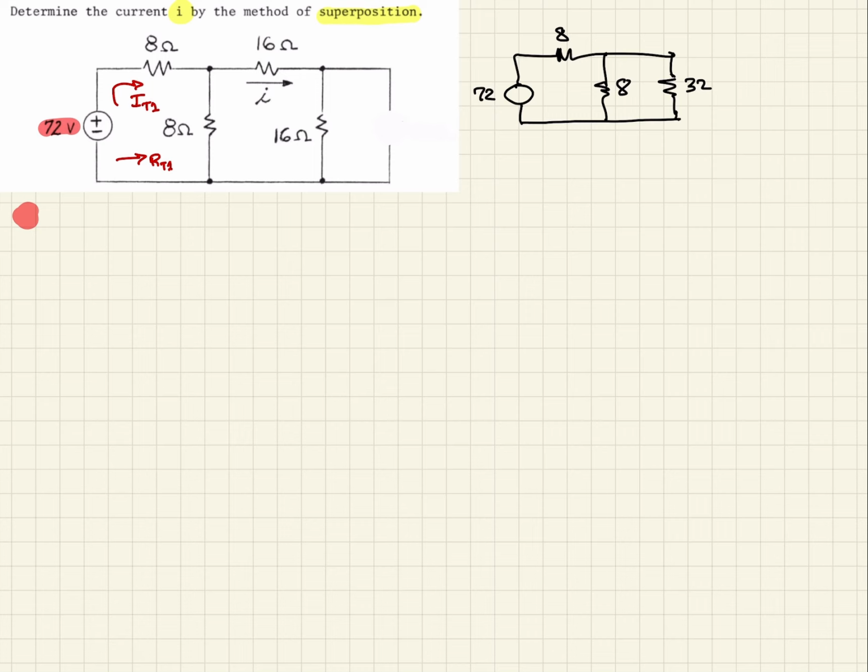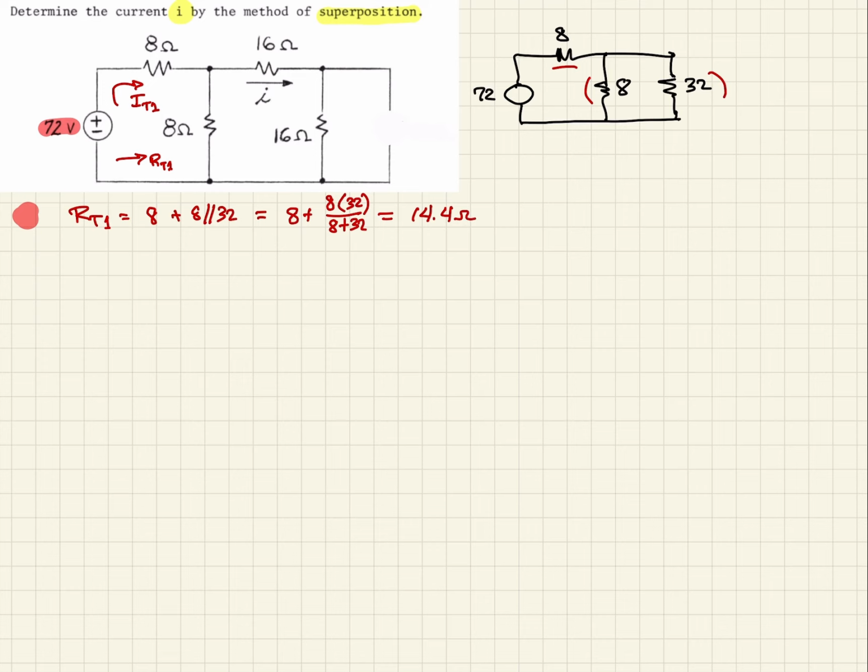So to do that, RT total, RT1, is going to be this 8 ohm resistor in series with these two resistors in parallel. So that's plus 8 in parallel with 32. So we could write that as 8 plus 8 times 32 over 8 plus 32. And when we calculate that out, we should get 14.4 ohms.